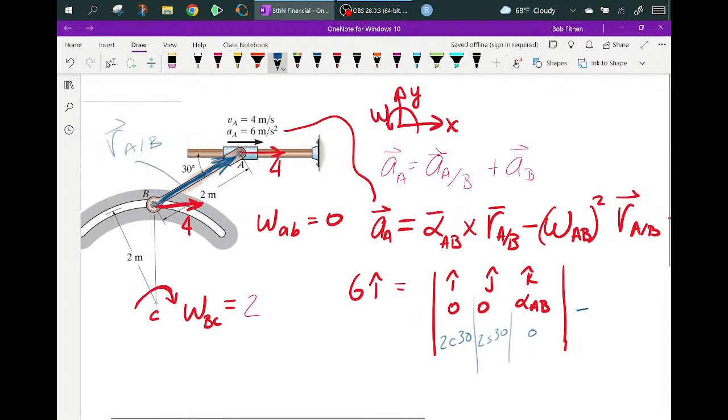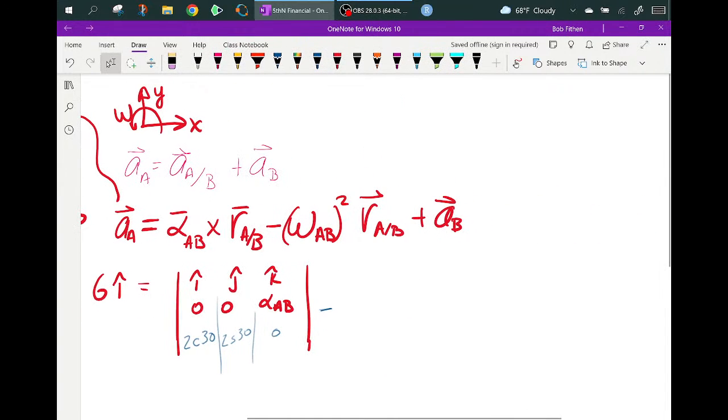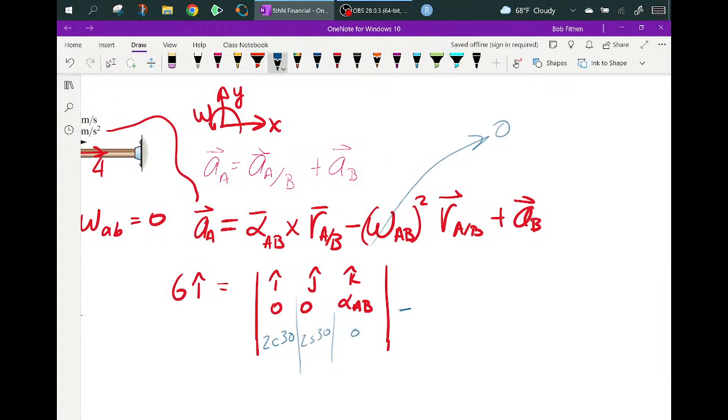Minus, now omega AB we found from last time. If you look back in the lecture, it was 0. So it doesn't really matter.